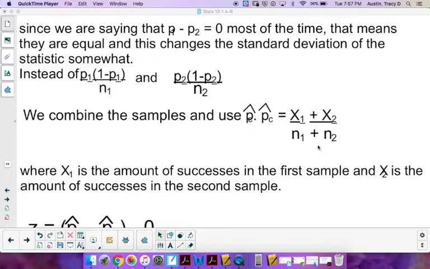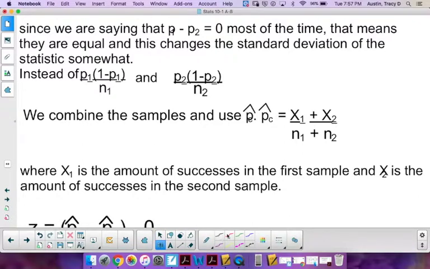And it basically means that you're going to have the same thing twice up underneath your square root because you are combining them. You're going to add your two successes and add your two sample sizes, and then you're just going to get one basic decimal from that. Okay? And it only affects the standard deviation, so please do yourself a favor. Put a note, put a star, put a box, put a highlight, something.